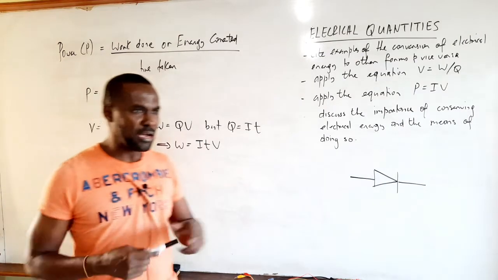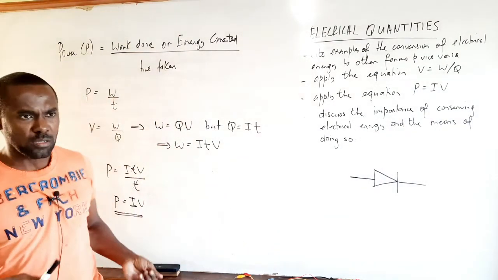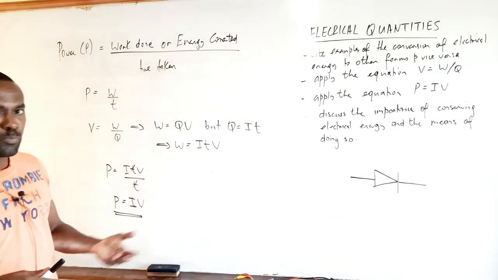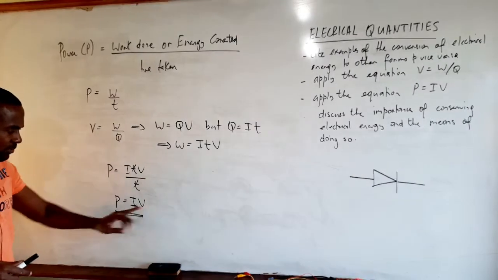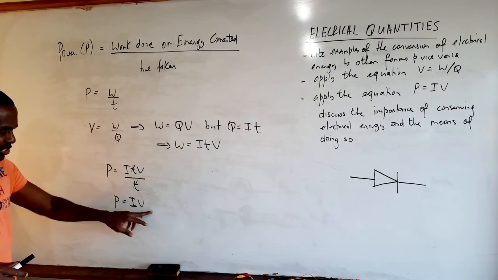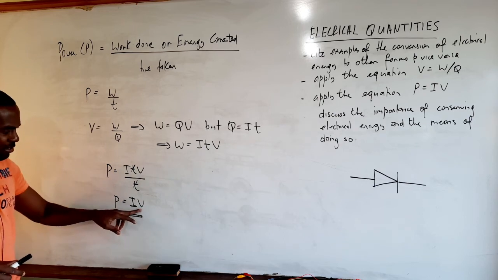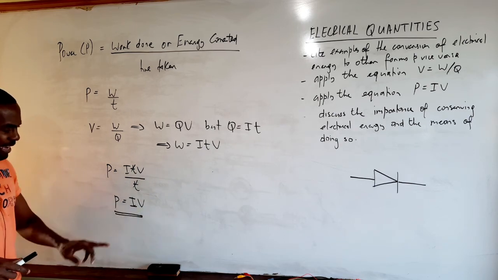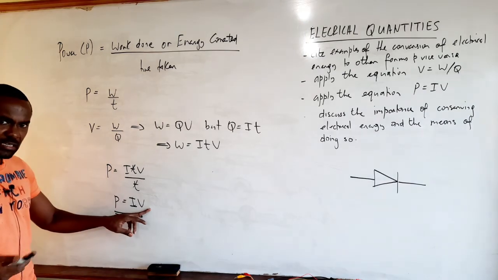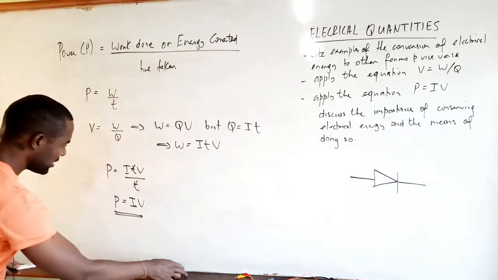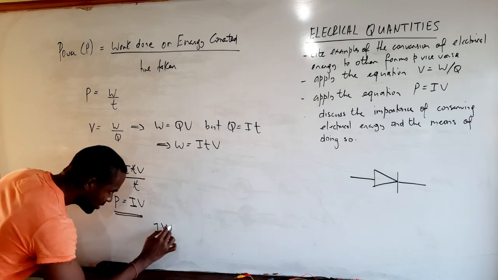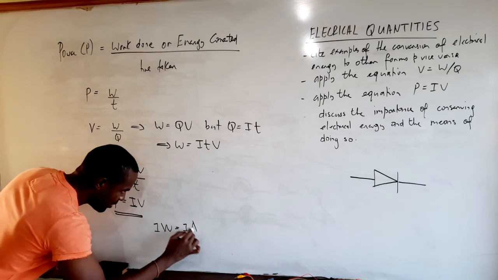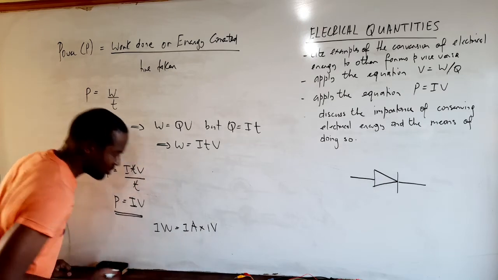Now, of course, looking at mechanics, we have already met power, and we know the unit of power is the joule per second or the watt. However, if you look at the right-hand side of this equation, current times voltage is giving us power. The SI unit of current is the ampere, and the SI unit of voltage or PD is the volt. So what this is showing us is that 1 watt is equivalent to 1 ampere times 1 volt, right?